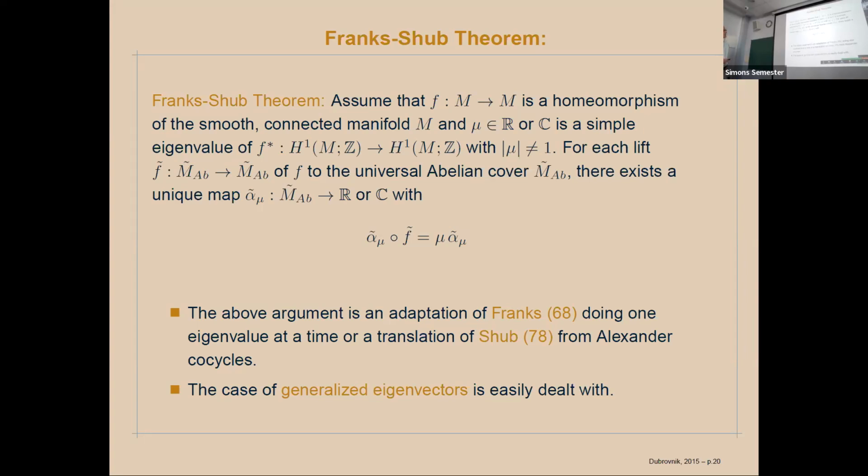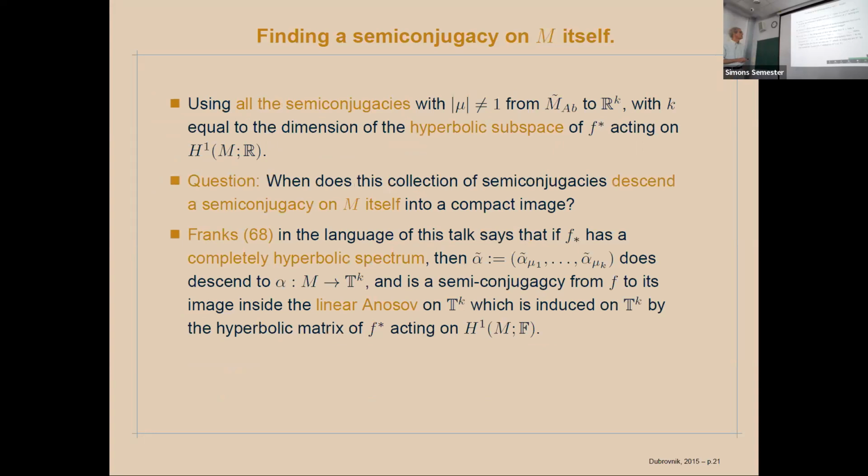It has norm different than 1. And then for each lift to the universal abelian cover, there exists a unique map which semi-conjugates according to the picture. The semi-conjugacy, of course, depends on the lift, but here's our basic formula, all happening in the universal abelian cover. So that's the theorem.